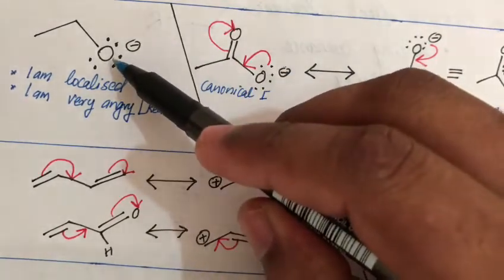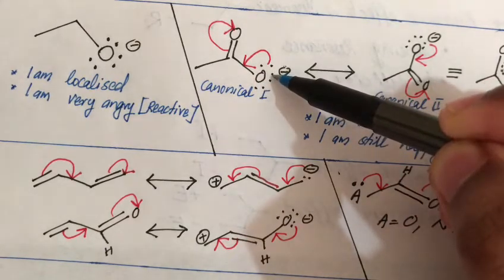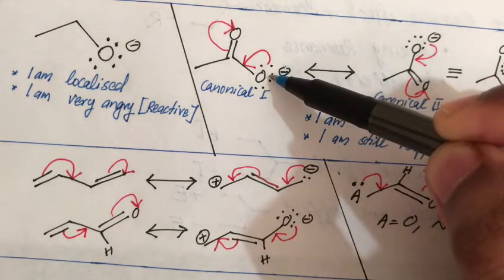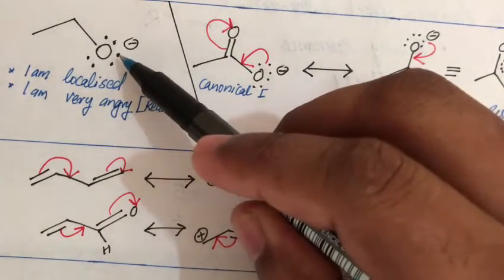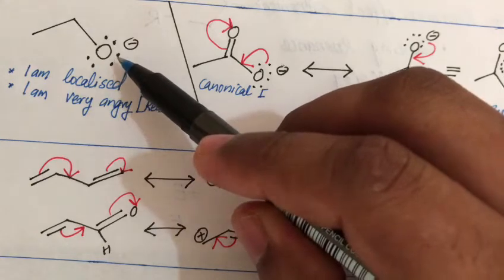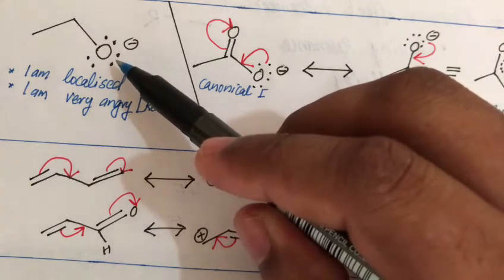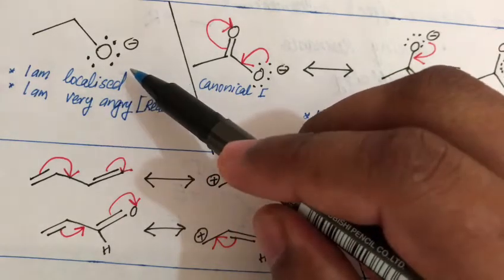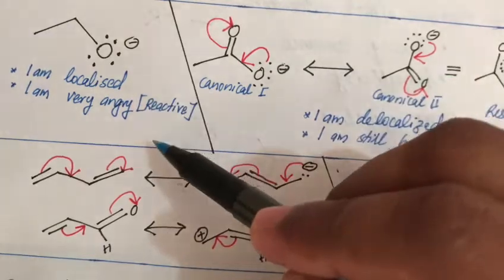Here the charge is localized, here it is delocalized. That is, this charge is not much available at this position, it moves somewhere else, but the localized charge is always there. So that is the concept in organic chemistry: a localized charge will be more reactive compared to a delocalized charge, because a localized charge is always available.